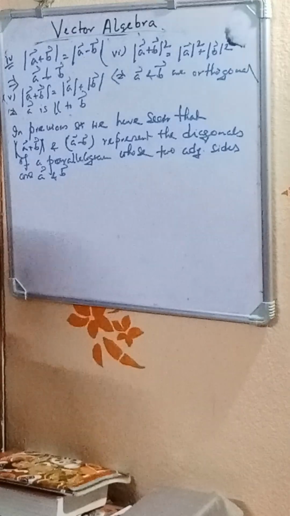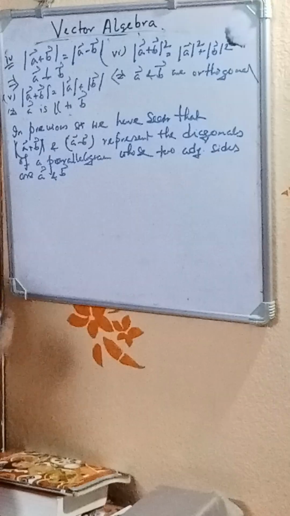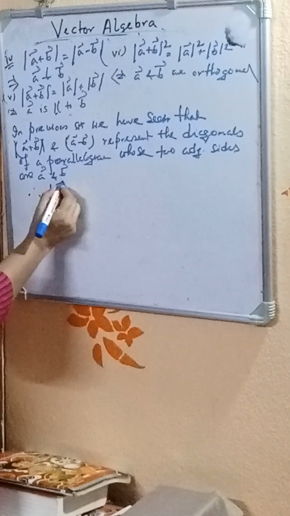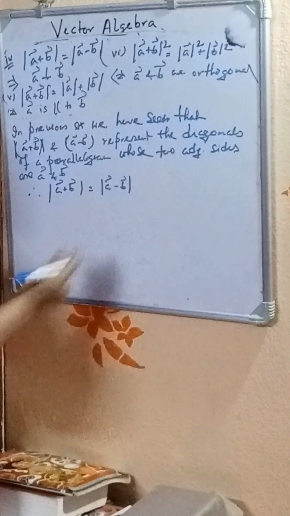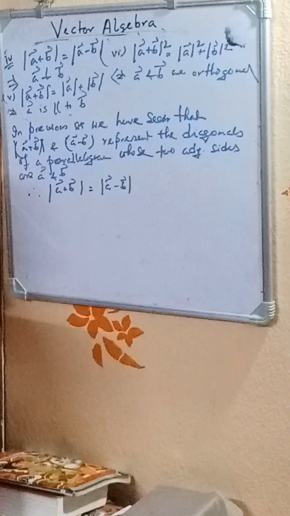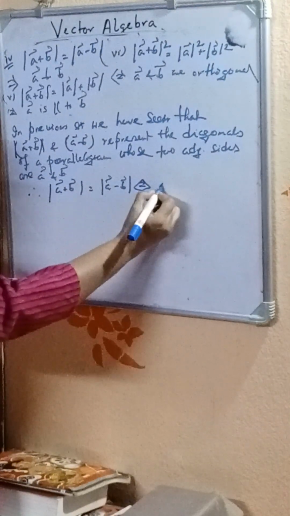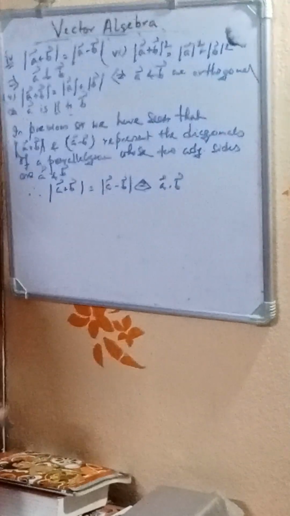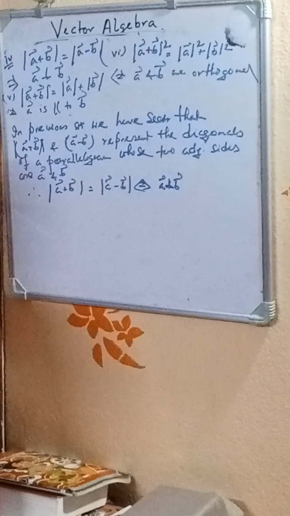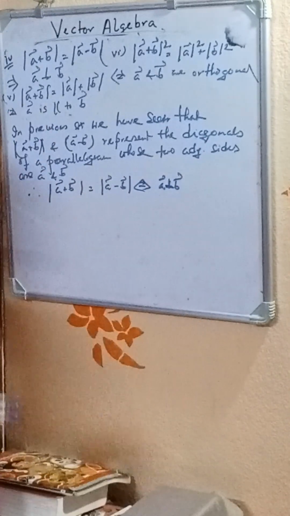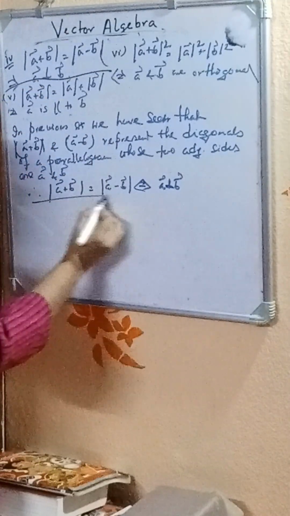Therefore, modulus of a vector plus b vector equals modulus of a vector minus b vector. This implies that a vector is perpendicular to b vector.